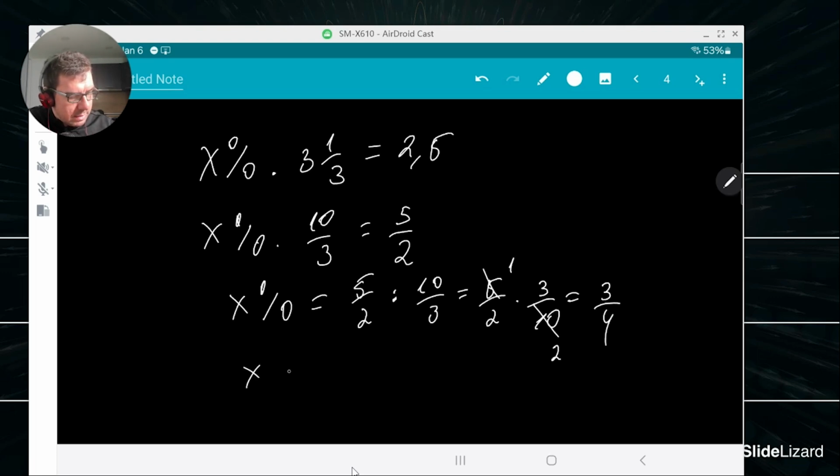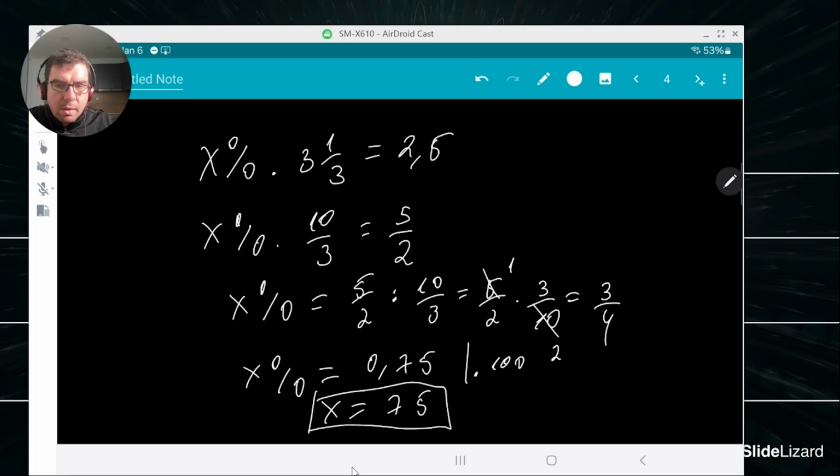So X percent equals 3/4, and 3/4 is the same as 0.75. So if I multiply by 100 on both sides to get rid of the percentage, X equals 75%. X percent equals 75%, so X equals 75. Okay, and that's the answer.